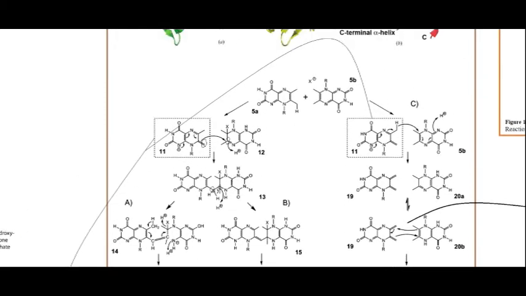But another paper actually proposed this other pathway here, once again bringing these together right here, but this shows what their mechanism proposed: a hydride shift.